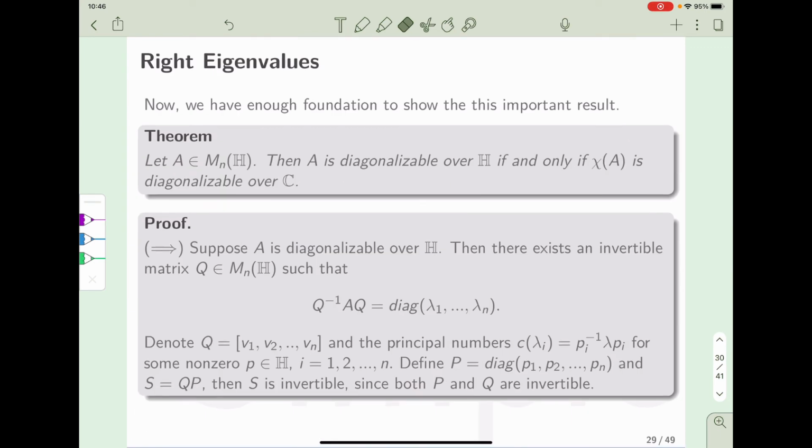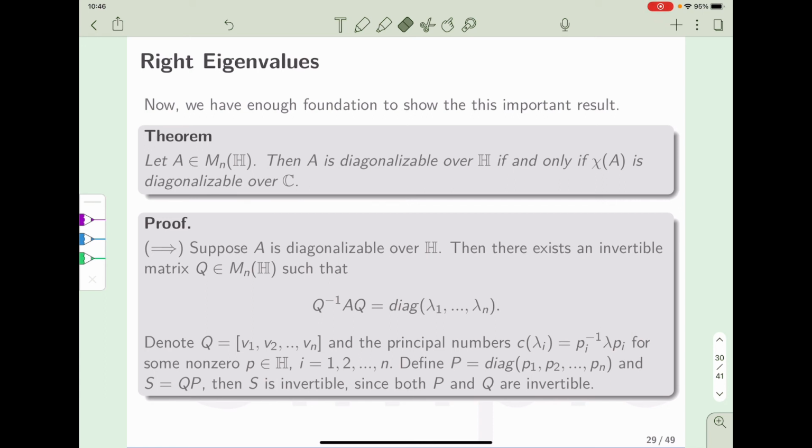The next theorem tells us that a quaternion matrix is diagonalizable if and only if its complex adjoint is diagonalizable. The proof: assume that the quaternion matrix A is diagonalizable, then there exists an invertible quaternion matrix Q which puts A into diagonal form.